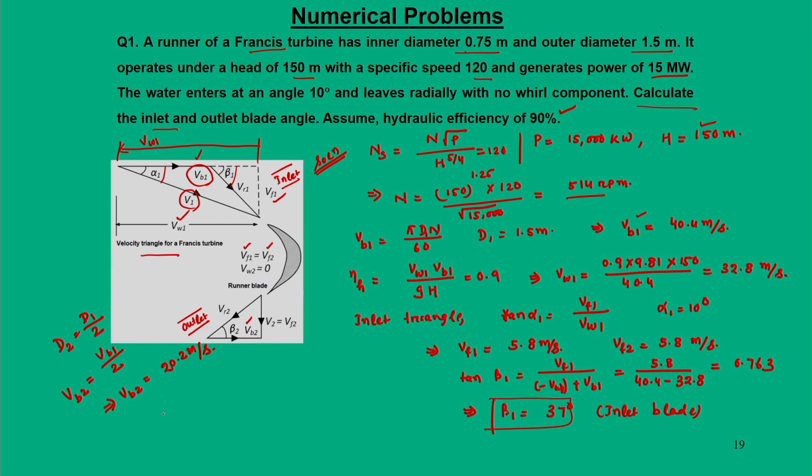So, from the outlet triangle, we can say tan beta 2 is equal to Vf2 by Vb2 minus Vw2. So, this will give you tan beta 2 is equal to 0.287, or beta 2 is equal to 16 degree. So, we have inlet blade angle is this, and we have outlet blade angle is 16 degree.